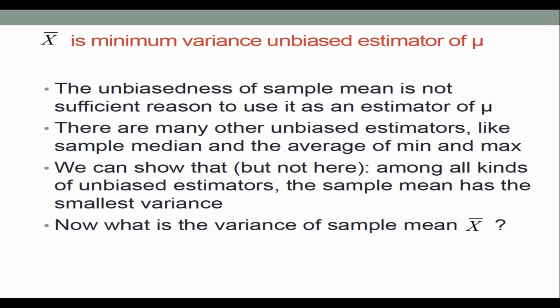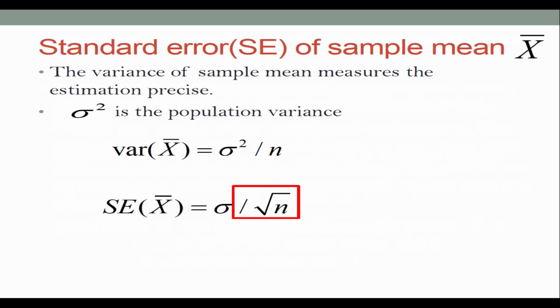Just now I showed you that the standard error for it is sigma divided by square root of n. This formula shows that the standard error for this sample mean variable is related to the population standard deviation sigma. The relationship is the population standard deviation divided by square root of n. It's related to the sample size. The more samples you draw, the more accurate this capital X bar is. Okay?